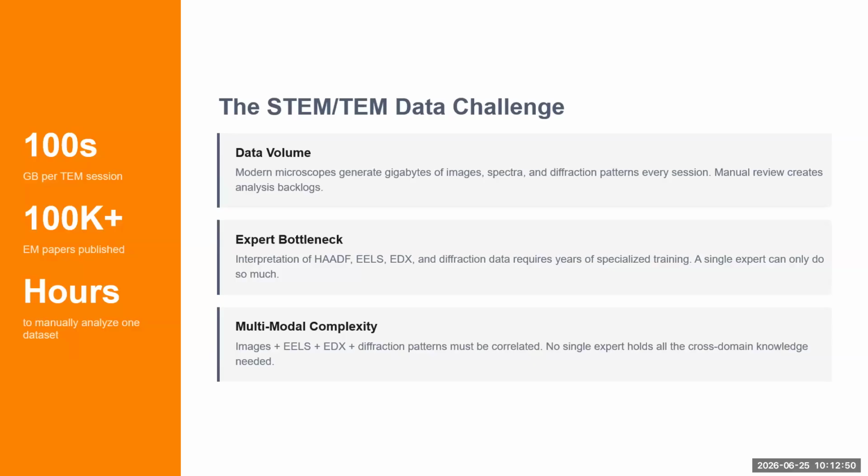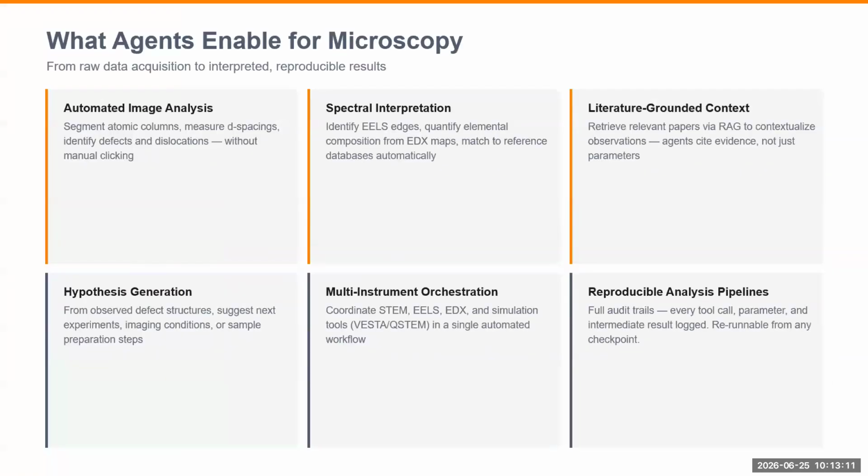I'm sure that if anyone has any actual experience with this, you know that this can take hours and hours. So the point here is how can we actually use agents to help us understand this data and to make these decisions better for microscopy?